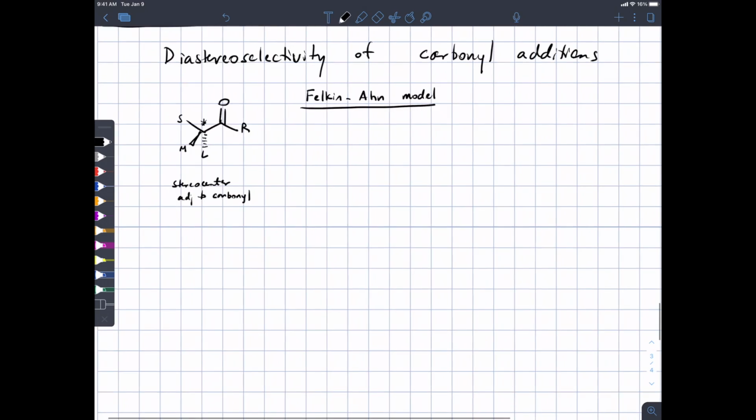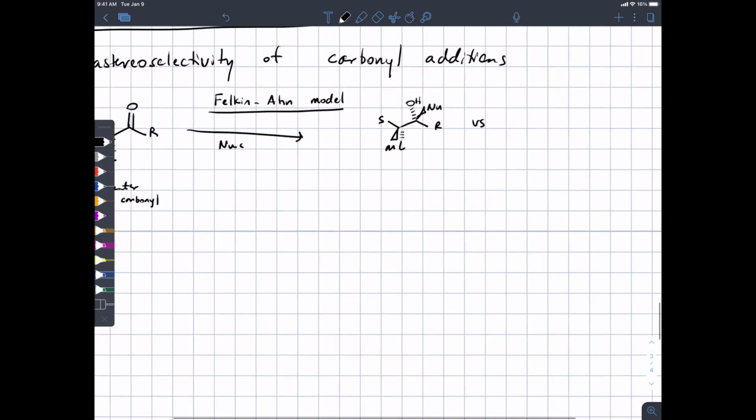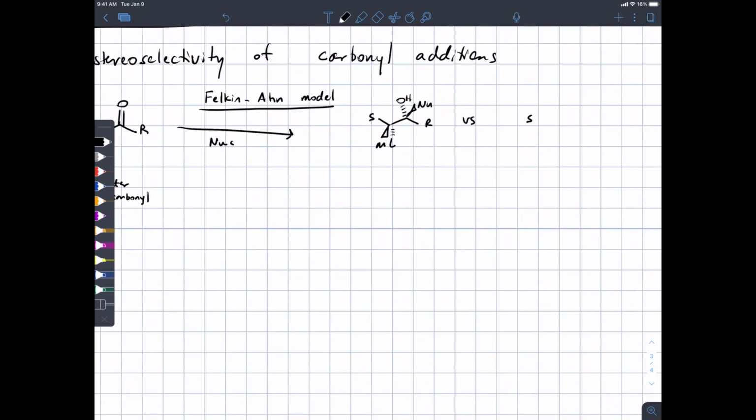What we're talking about, by the way, is if we add a nucleophile to this, do we get addition of the nucleophile from above, or do we get addition of the nucleophile from below?